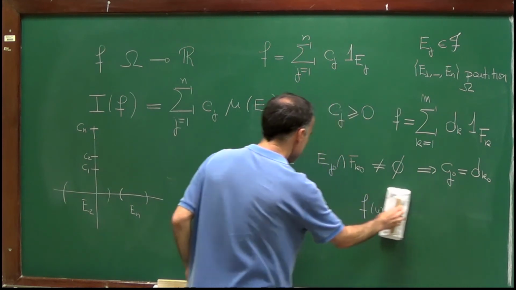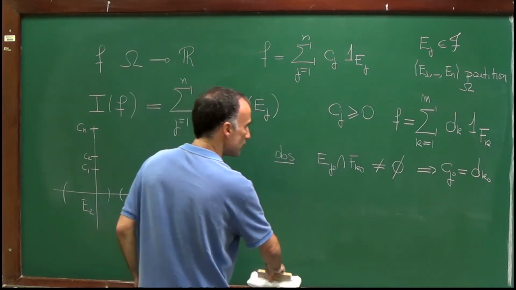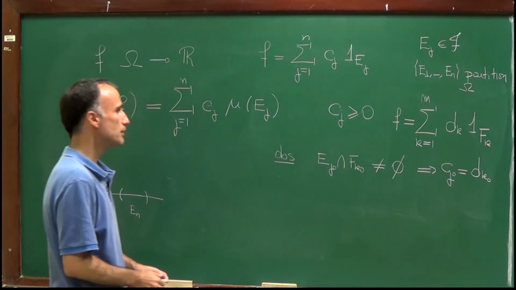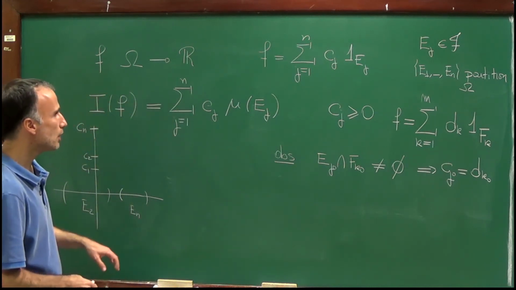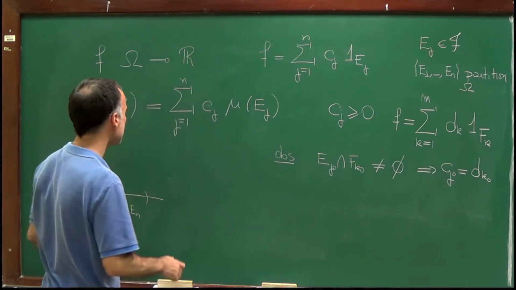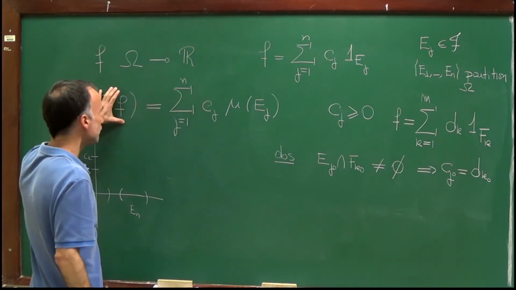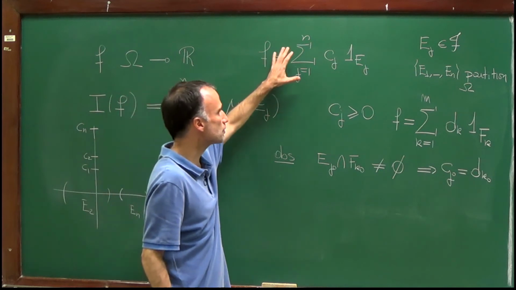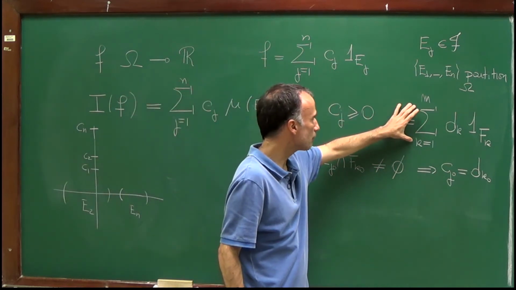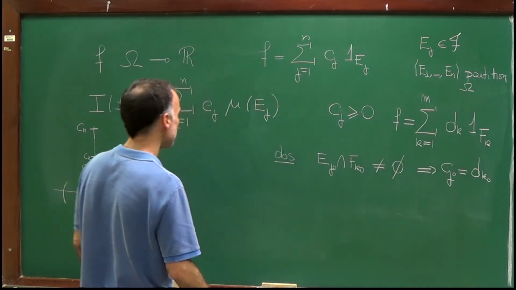So let me erase the argument and just keep the conclusion. And now what I would like to show is that the integral of f by using the first representation coincides with the integral of f by using the second representation.